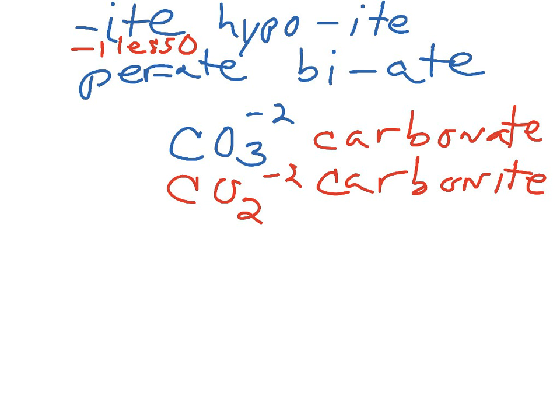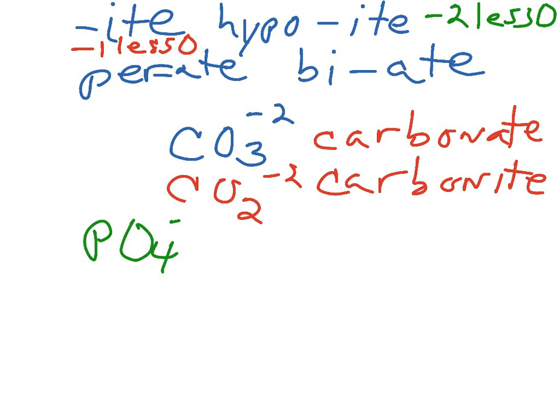The hypoites are going to be two less oxygens than the ate. So let's actually do that in a different color. Okay, so two less. All right, so if we wanted to go to, let's say, hypophosphite, we would start with phosphate, which you'll recall is PO4 -3.